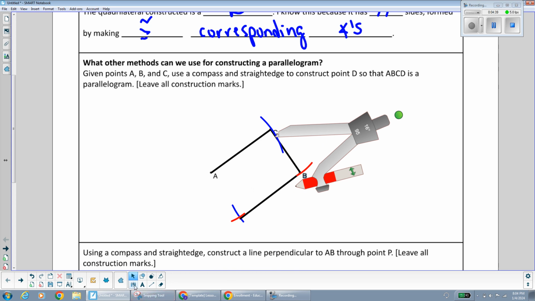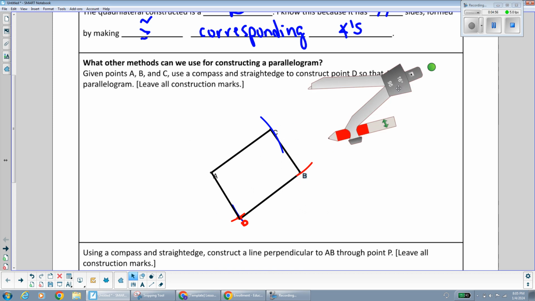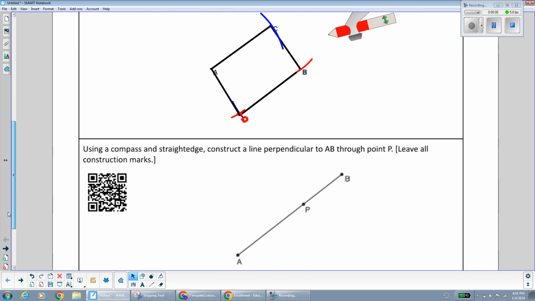And where those intersect will be point D. And here I have a parallelogram, and I know it's a parallelogram because both pairs of opposite sides are congruent.